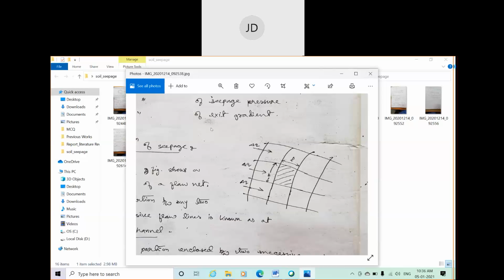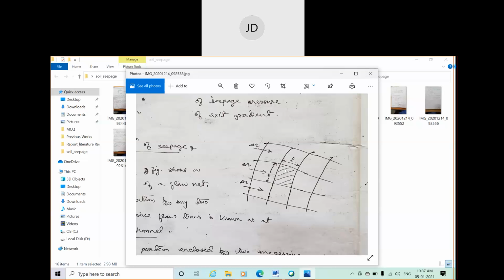If water is considered to flow in this direction, the lines parallel to the flow direction are known as flow lines or streamlines, and the lines drawn perpendicular to the direction of flow are known as equipotential lines. Equipotential lines and streamlines are mutually perpendicular, that means the angle between them is 90 degrees.